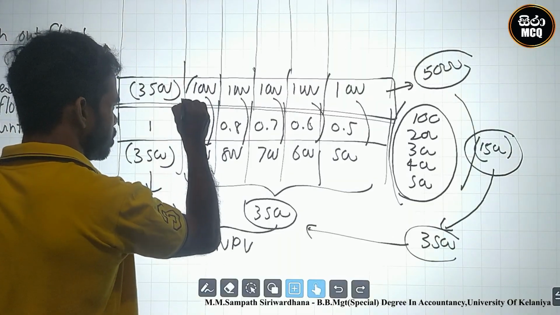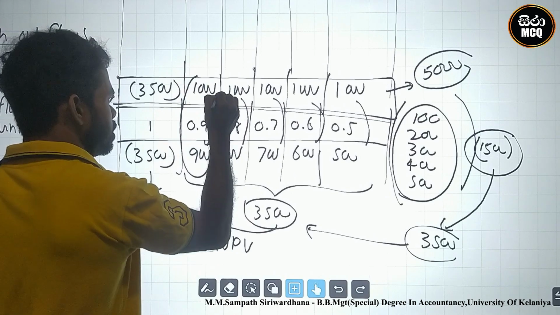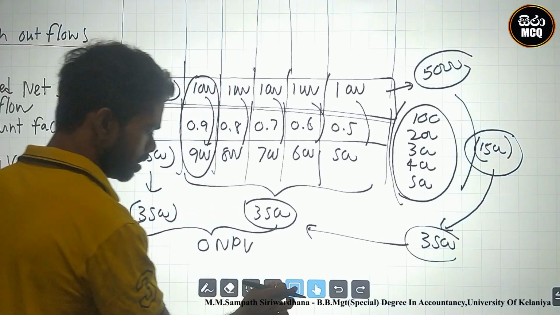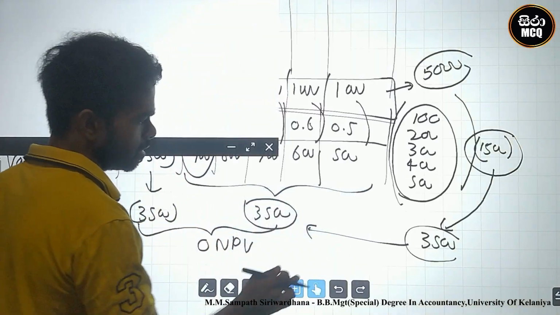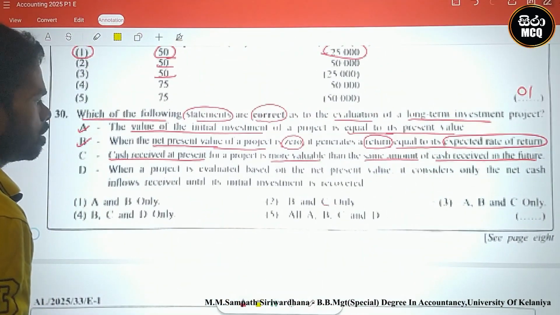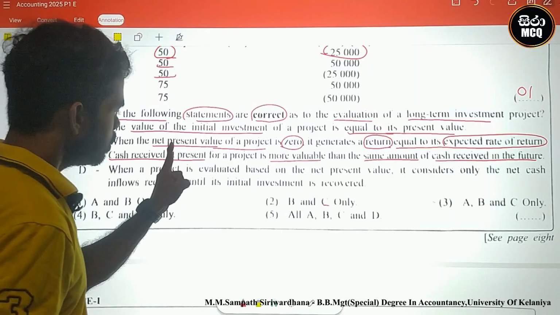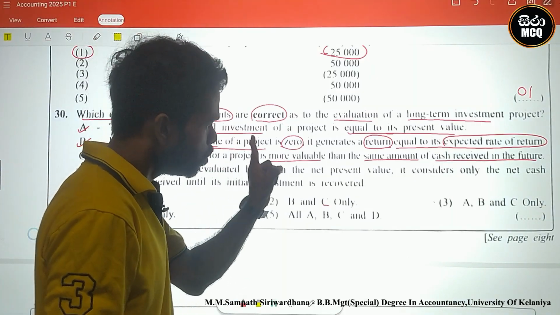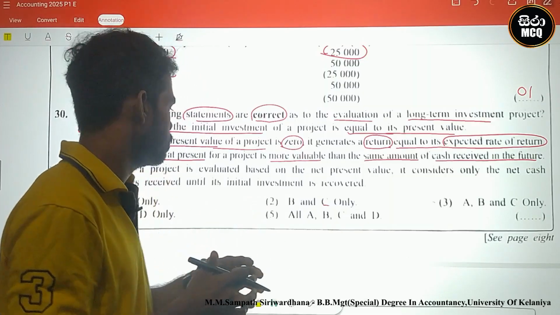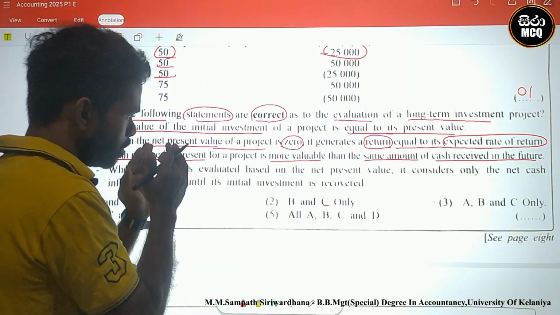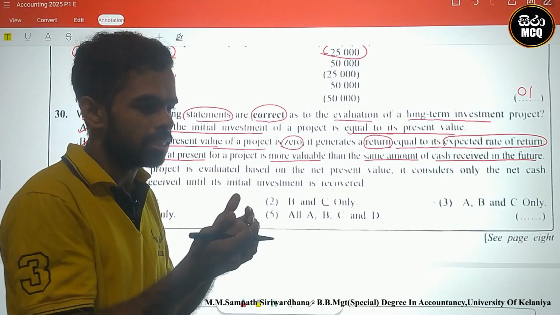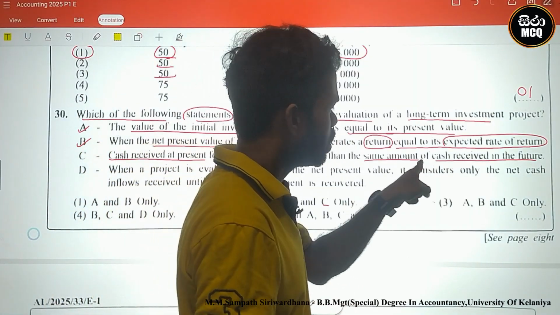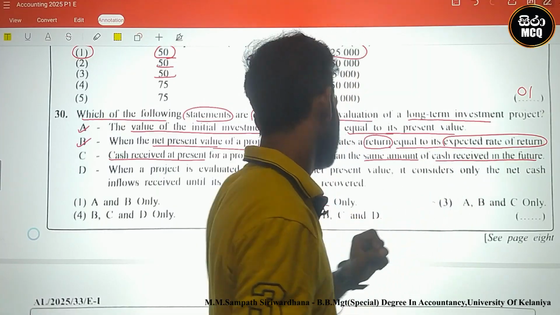Think about this one. Cash received at present is 1,000 and cash received at present for a project, okay, is more valuable. The present value: cash received at present is more valuable than the same amount of cash received in future.